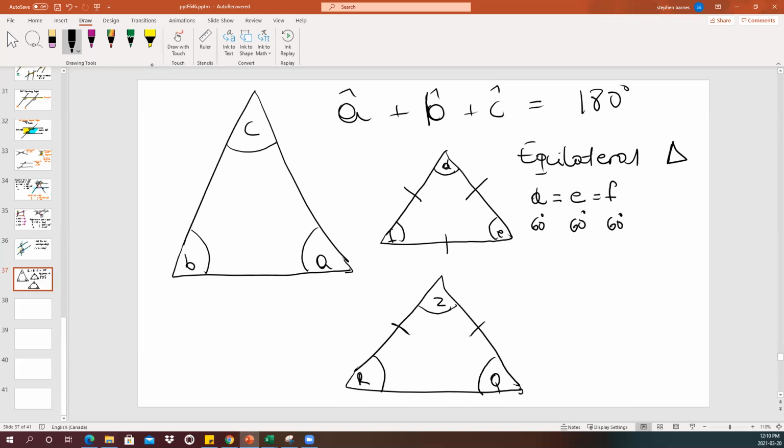So let me just write isosceles triangle. In an isosceles triangle, you have two sides that are equal. If you notice, the strokes are only on two sides, denoting the two sides that are equal. So two sides are equal, and the two base angles, which I'm just going to highlight, are also equal.